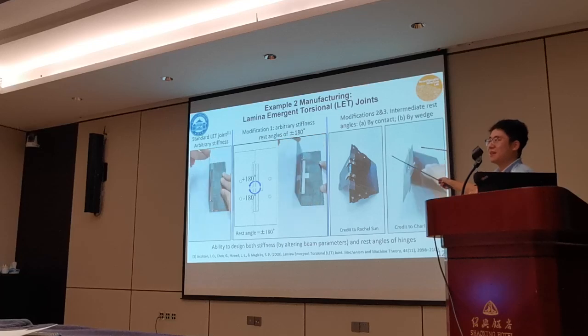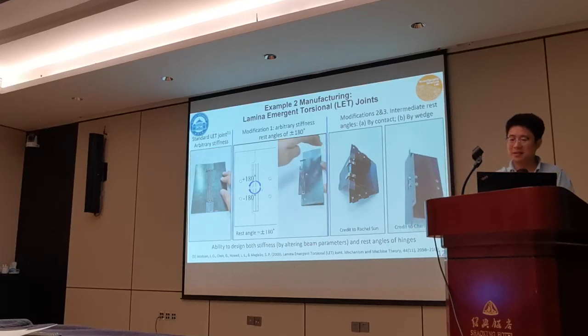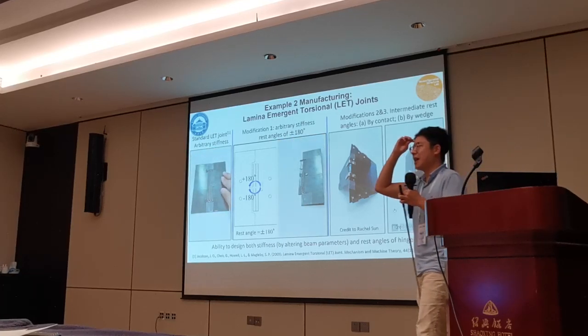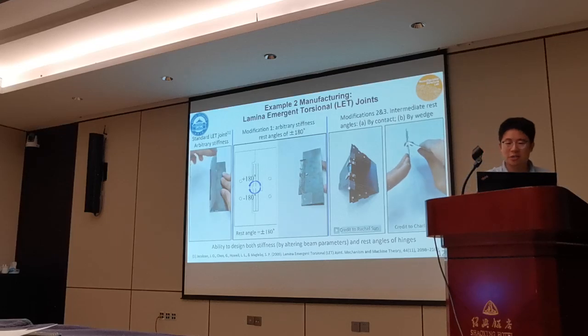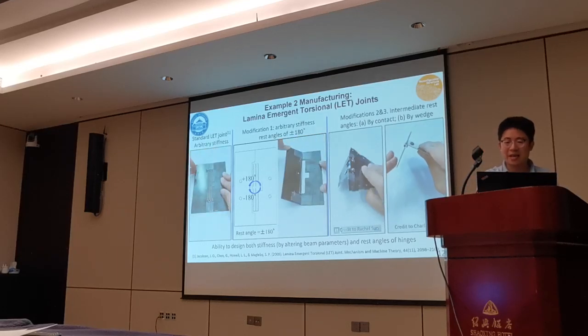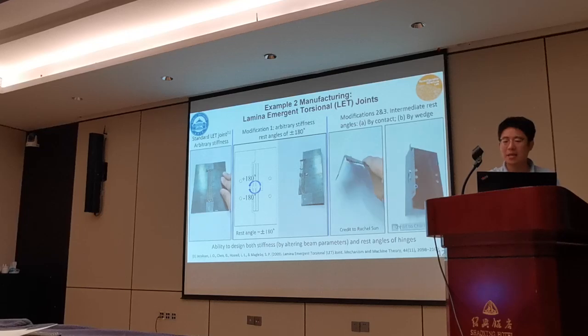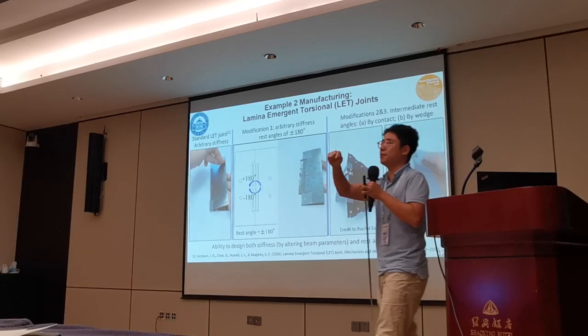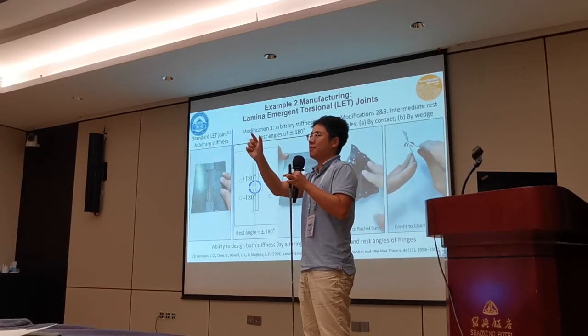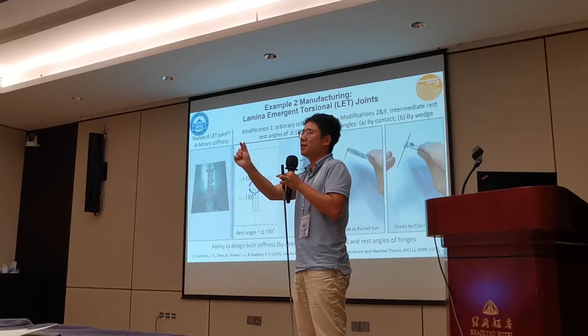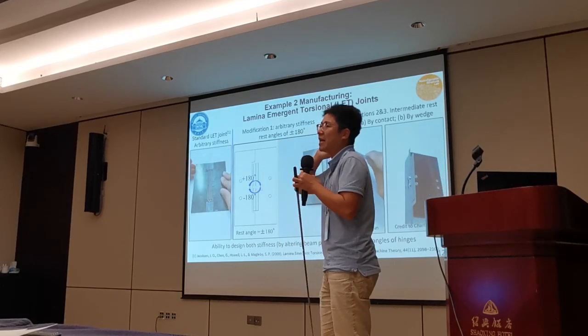Yeah, you can do something like that. That's more like a hard stop, right? This one is a hard stop. You can see the hard stop is here, but this one is connected through an angle section, so you can build it into whatever angle you want. It will rest at that angle.